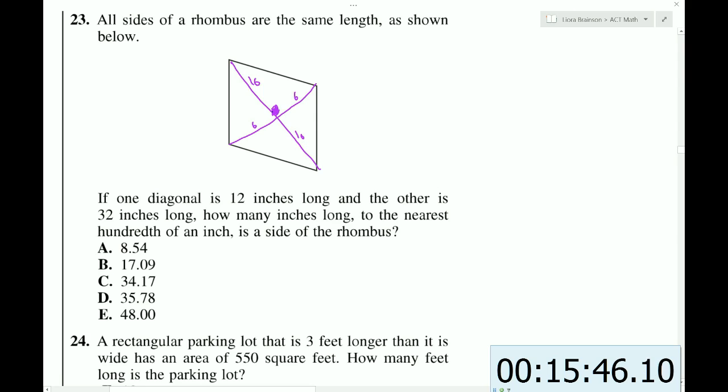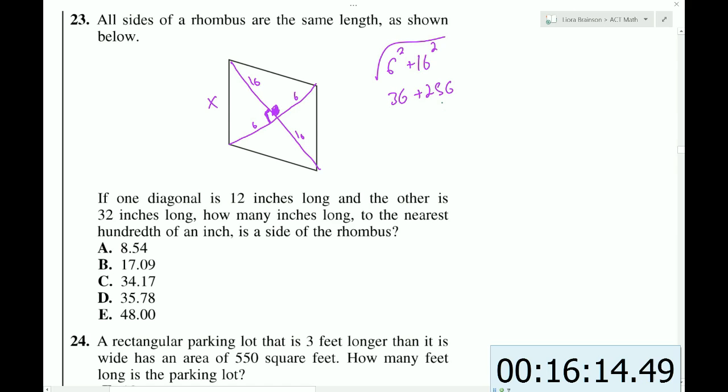Okay, so one way to do this is, we know that a rhombus has a special property where the diagonals both intersect each other and they're perpendicular. So they're perpendicular bisectors of each other. The reason why that helps is because now we have a right triangle here. So we have 6 and we have 16, and we're looking for this third side here. So we use the Pythagorean Theorem. Okay. At first glance, it doesn't seem like it's going to be a perfect Pythagorean triple, so we actually can calculate it out.